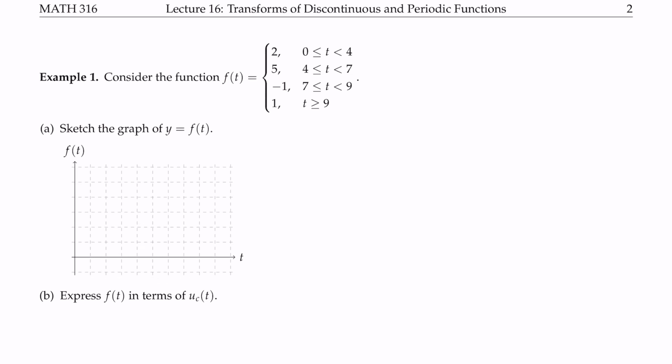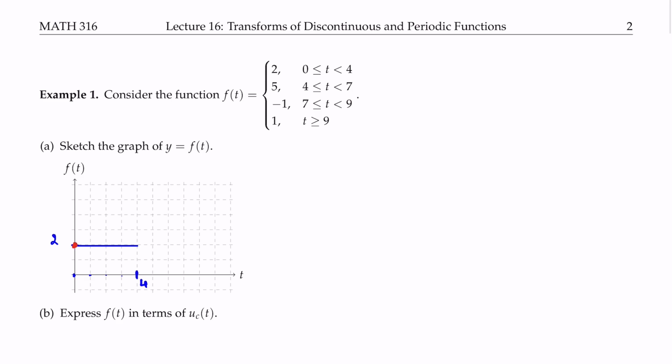So between the interval 0 and 4, so 0 here, 1, 2, 3, 4. The function is 2, so 1, 2. Since t is greater than or equal to 0, you have a closed circle at t equal to 0, and an open circle at t equal to 4. Then between 4 and 7, 4, 5, 6, 7 here, the function is 5.